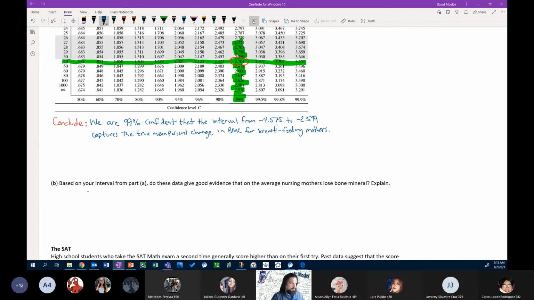All right, so since we have it there, all the plausible values are negative, indicating bone loss.